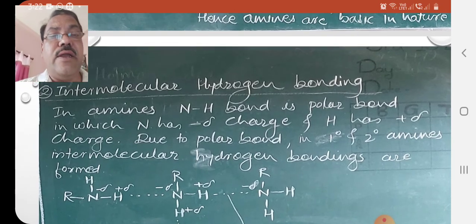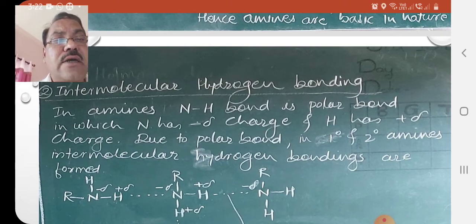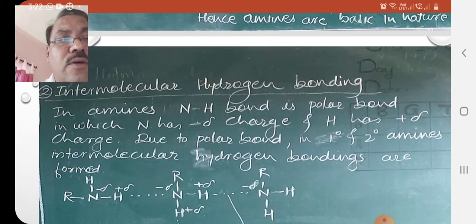Now the second and very important property is intermolecular hydrogen bonding. In amines, the N and H bond is a polar bond. Nitrogen carries partial negative charge and hydrogen carries partial positive charge. This is because nitrogen and hydrogen have a difference in their electronegativity.